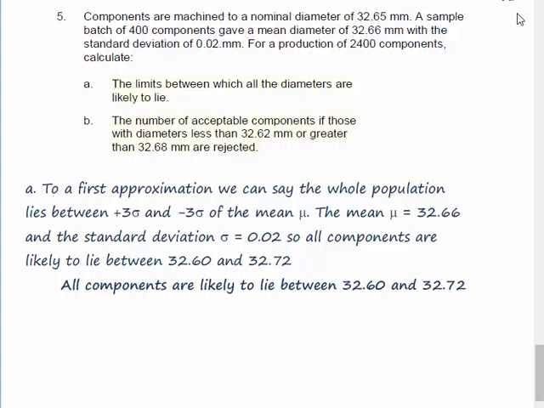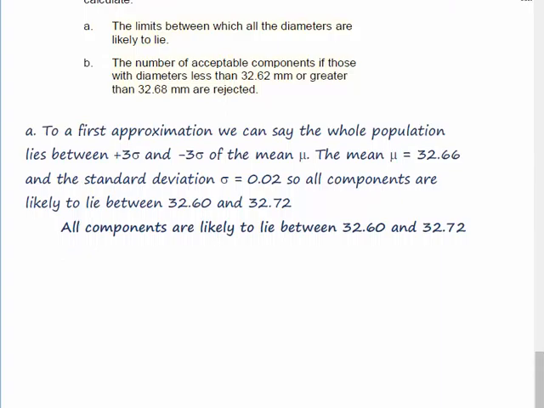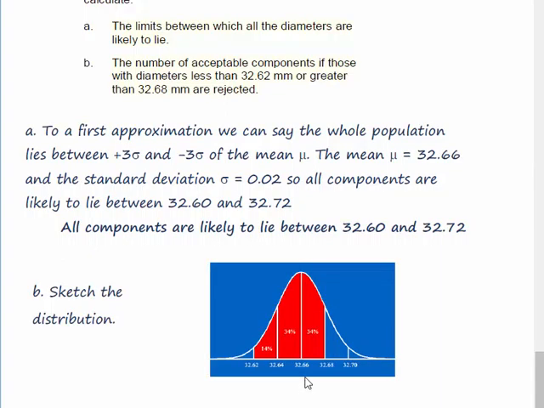Part B. How many acceptable components are there if the lower bound is 32.62 and the upper bound is 32.68? Well, let's draw a normal distribution curve. 32.66 is the mean, 0.02 is the standard deviation, so it's going to go 0.66, 0.64, 0.62, 0.66, 0.68, 0.70.